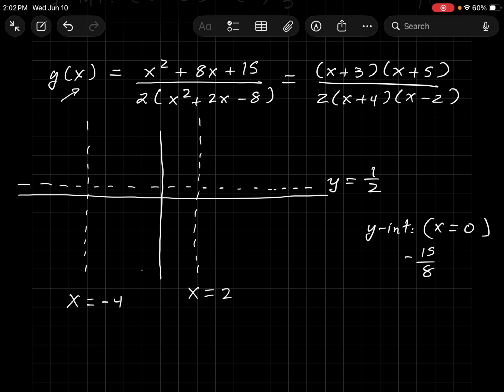So when x equals 0, y is negative 15 over 8, so something like that. And let's find our x-intercepts when y equals 0. That is when the entire thing is 0 or the top is 0. So we have at negative 3 and negative 5.